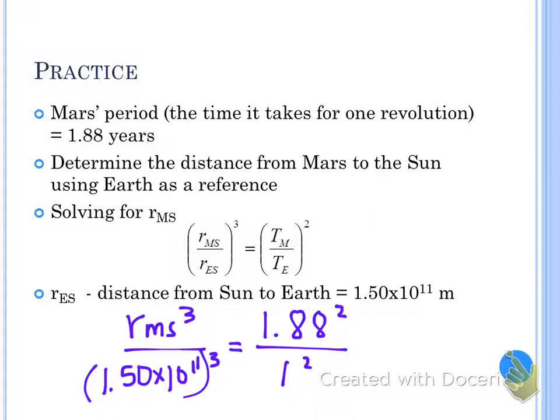Okay, so algebraically, do you know what we're doing here? Yeah, you can cross multiply and then you would end up dividing by 1, which would be fine.